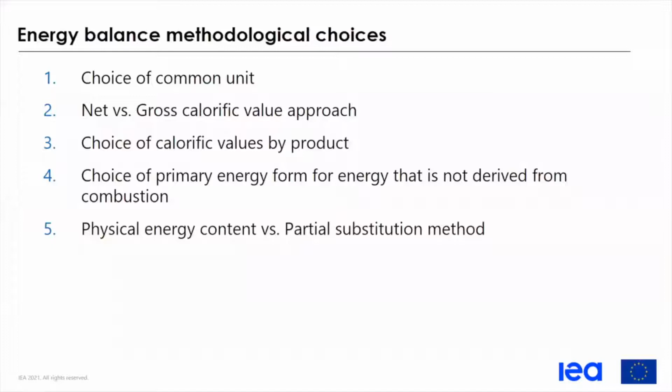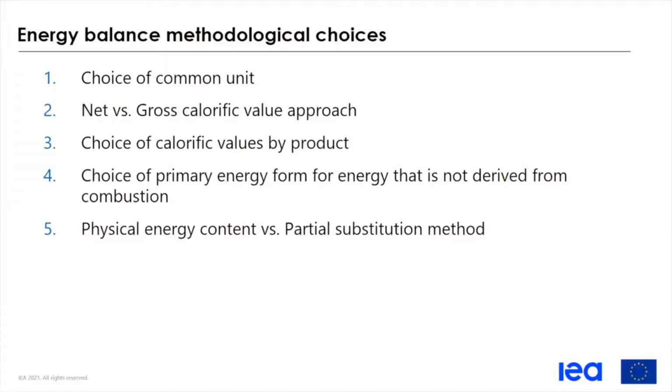Now, let us look in more detail at the principles of an energy balance. The main methodological choices underlying energy balances that can differentiate the final balance layout across organizations are as follows.